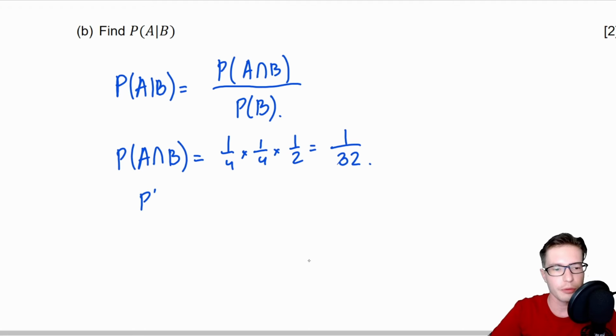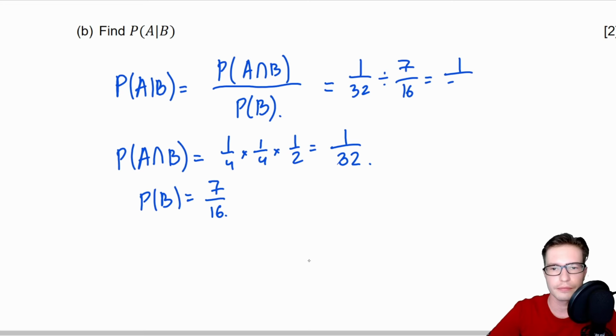And the probability of B from the previous question is 7/16. Now, all in all, we'll get 1/32 divided by 7/16. Now simplify, and we'll get 1/14.